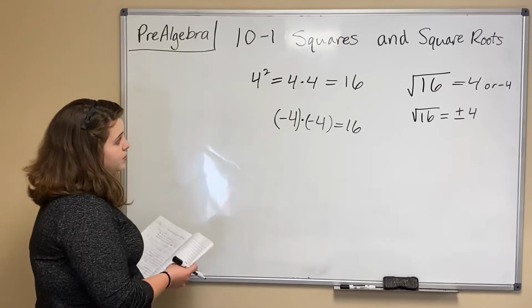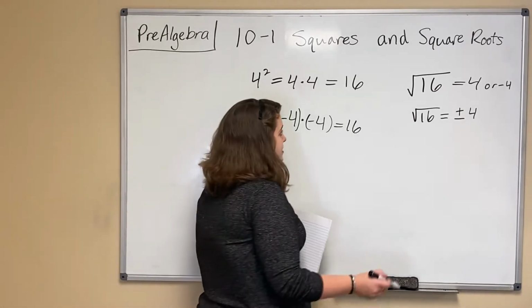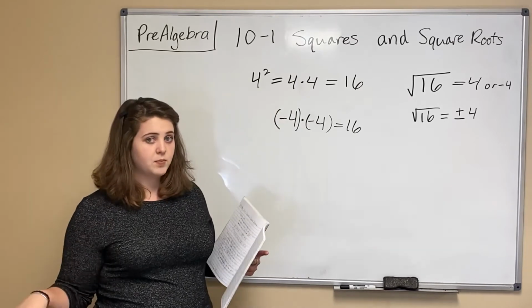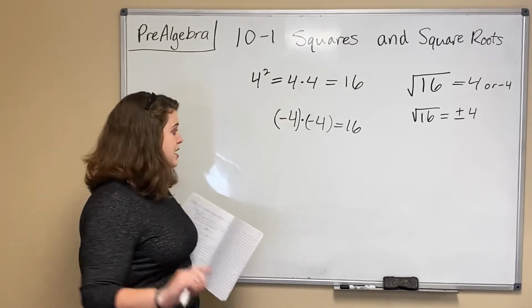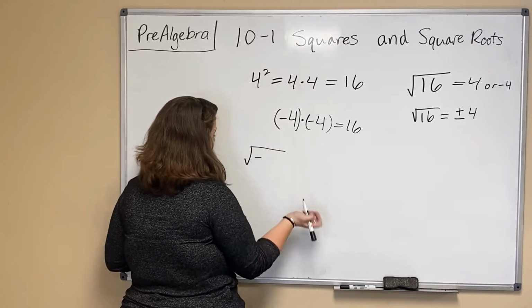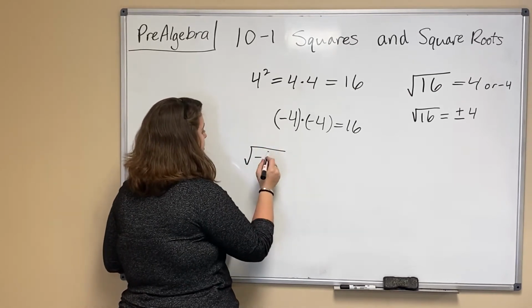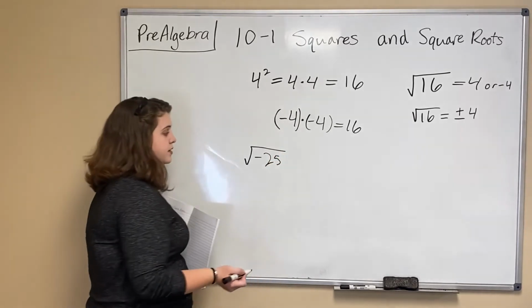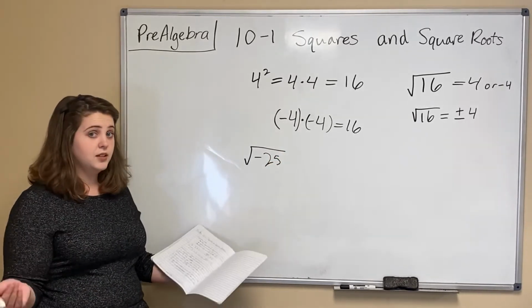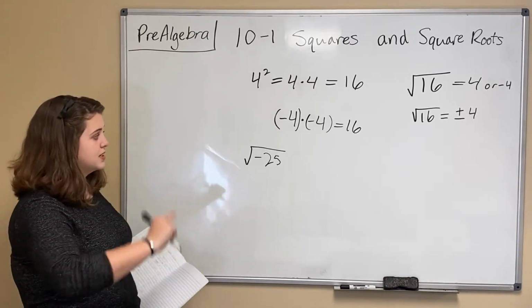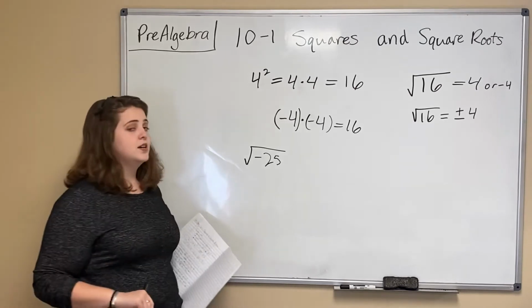Now, one thing that's important to note is that when we square something, the result is always going to be positive. It can never be negative. That means we can't find the square root of a negative number. If I said find the square root of negative 25, we can't do it. There's not a number that when multiplied by itself will give me a negative value.